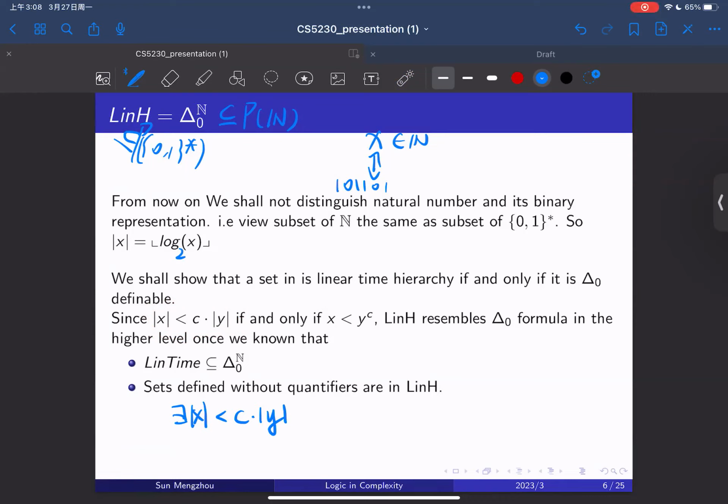If we take the exponential, it becomes 2^x less than 2^{cy}, which would actually be x less than the c-th power of y, and this is roughly x less than t(y). You can see the similarity here. This is just the definition of a bounded quantifier. So in the quantifier part, the linear hierarchy just resembles the Delta 0 formula at the higher level.